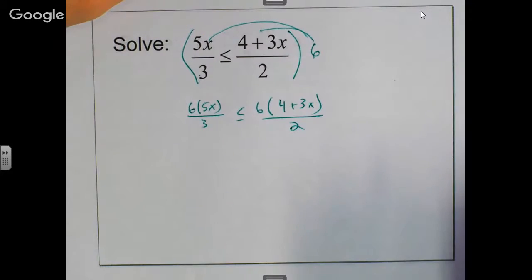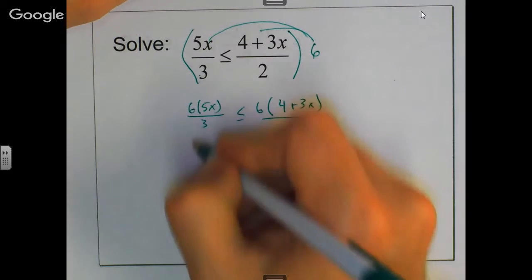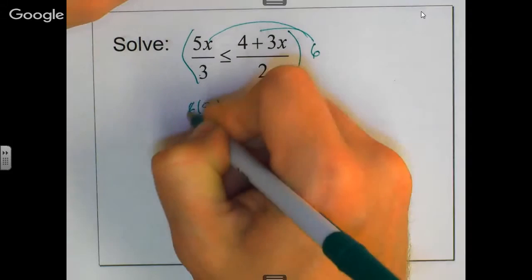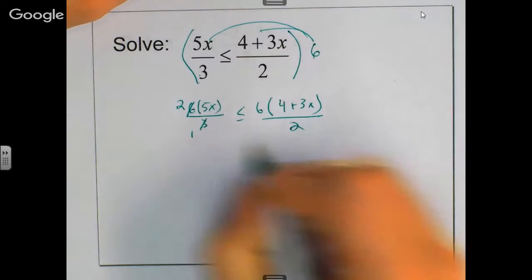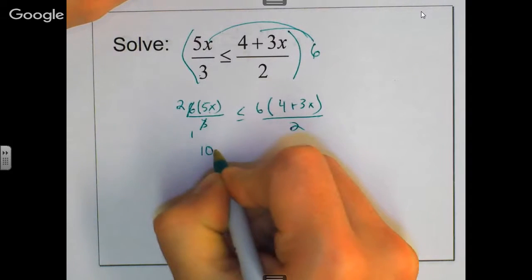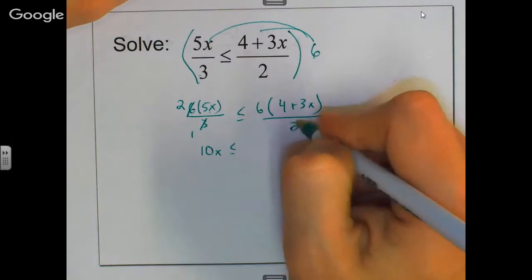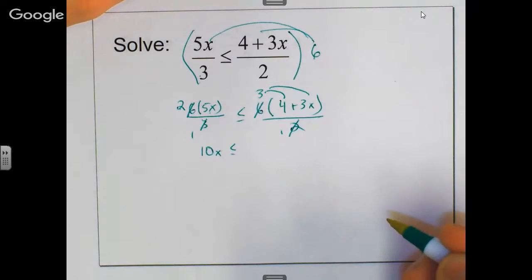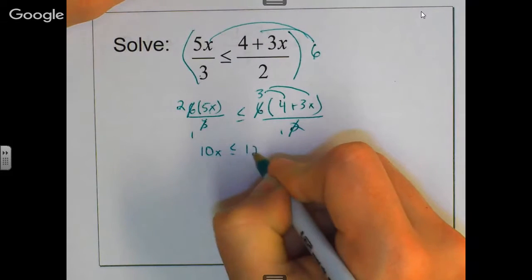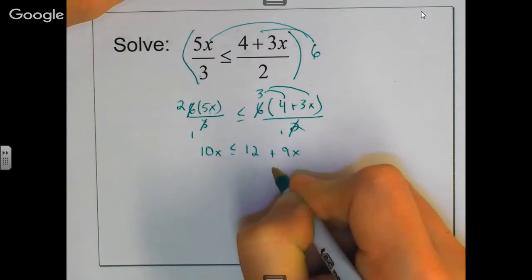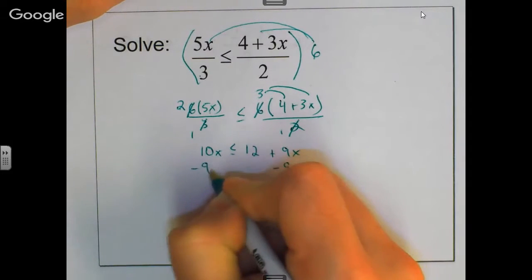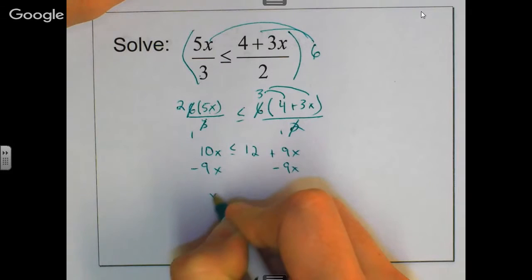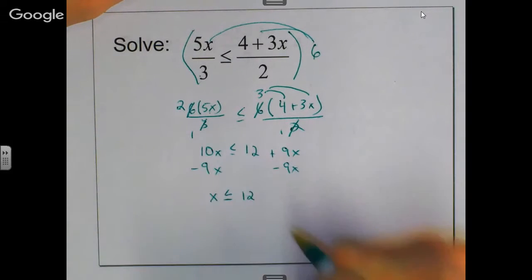And I did it this way because we can see now that my 3 can cancel with my 6. So then I have 2 times 5x is 10x, less than or equal to. My 2 and my 6 cancel, and we'll distribute that 3. So then I have 12 plus 9x, subtract 9x. You have x less than or equal to 12.